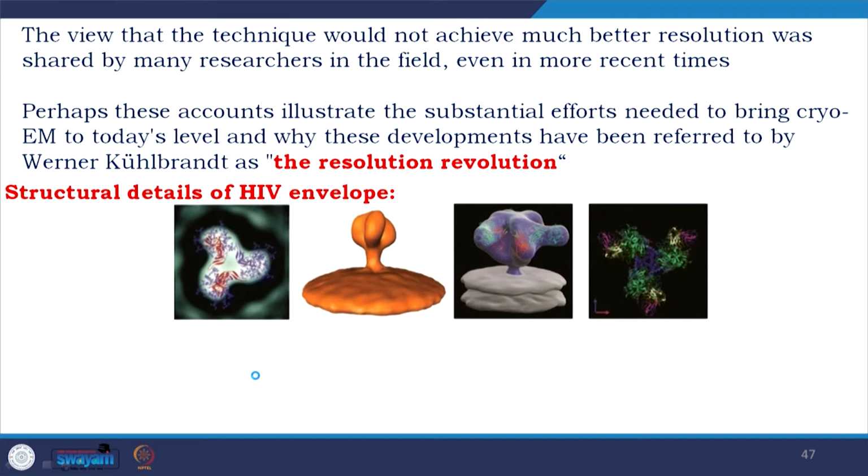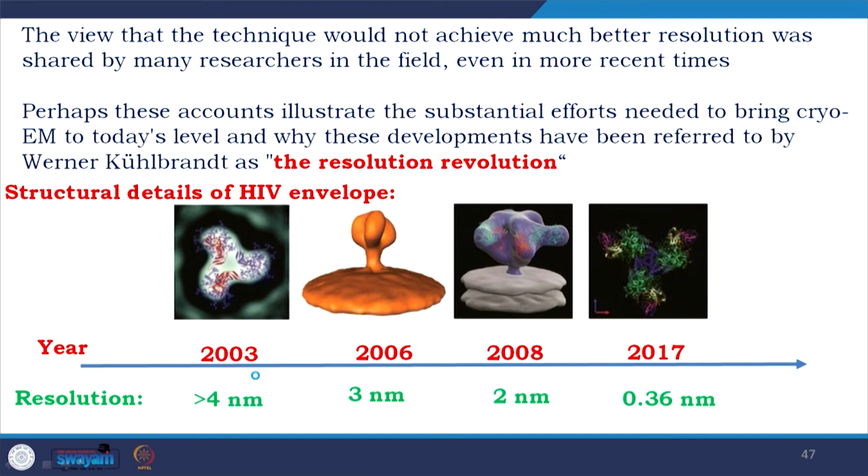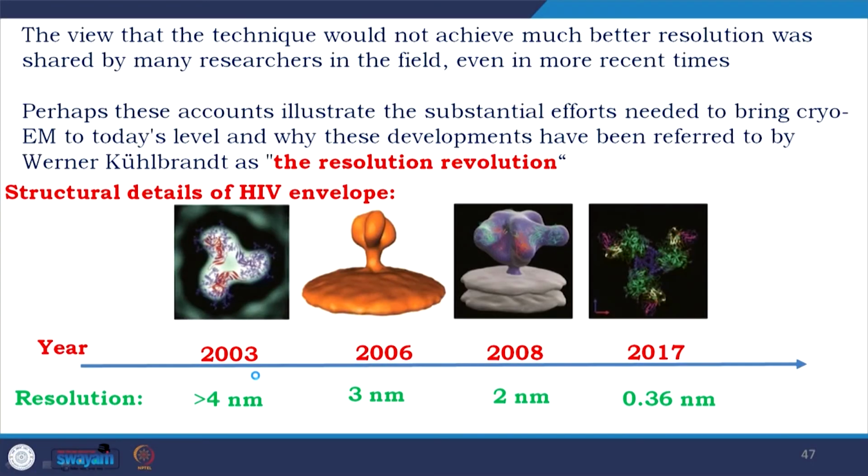You will see that from 2003, 2006, 2008 to 2017, the resolution became higher and higher. The first one was greater than 4 nanometer in 2003, it becomes 3 nanometer in 2006, 2 nanometer in 2008 and 0.36 nanometer, 3.6 angstrom, in 2017.